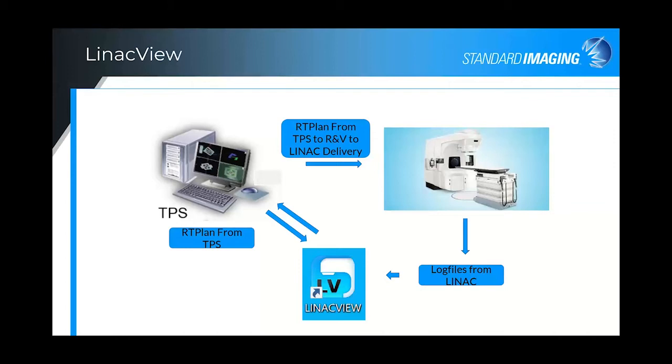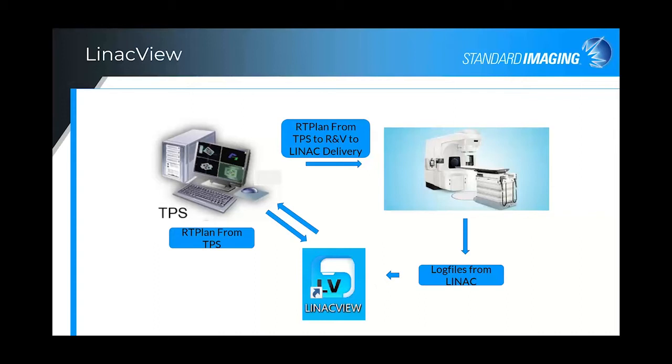These data can then be compared with the original plan via deviation and fluence map comparisons for leaf and jaw positions and monitor unit. Direct comparison is made from expected for gantry, collimator, and couch positions. And so this is a very direct comparison.